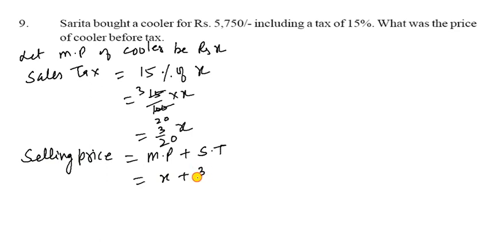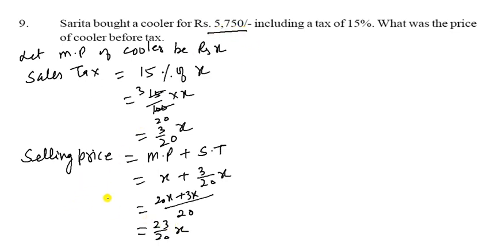Mark price is X and sales tax is 3 by 20 of X. Now taking the LCM, that is 20, so we get 20 of X plus 3 of X. Now it is 23 upon 20 of X. But the selling price is given as like this, which is including tax, so you have to write here 5750. So we can say X is equal to 5750 into 20 divided by 23.